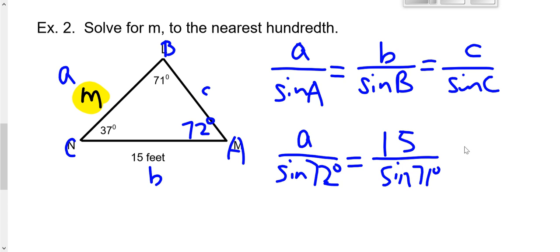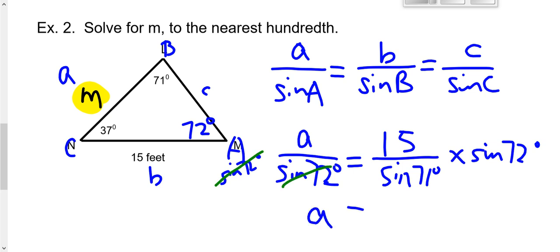So now manipulate this, multiply both sides by sine 72 degrees, top and bottom, they cancel out. So that means A is 15 times sine 72 divided by sine 71.